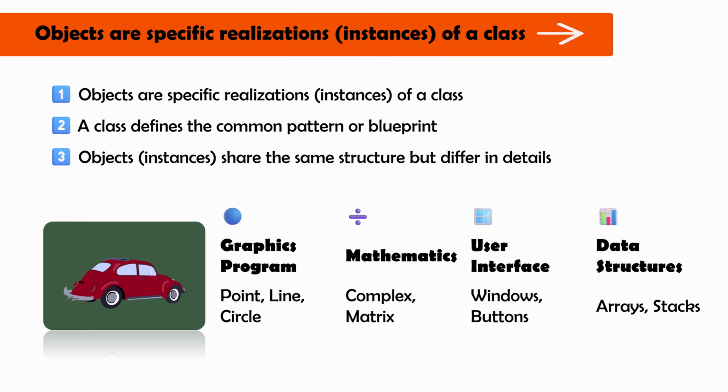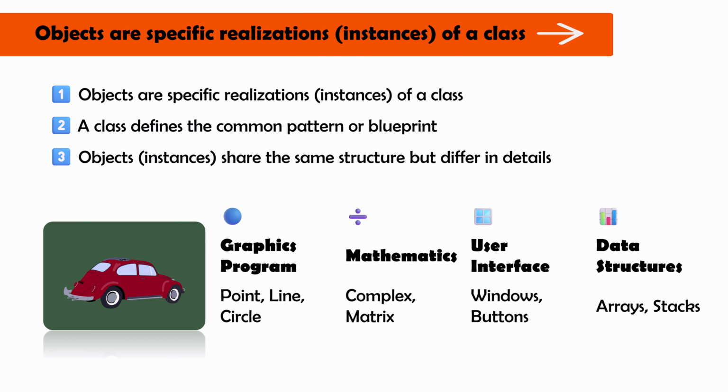So a class basically defines the common pattern or blueprint. In object-oriented programming, this shared pattern is represented by a class. A class is like a blueprint or a template that defines what attributes and behavior its objects will have. It defines the general structure, but it's not a real tangible thing unless we create an object from this class. Objects that are instances of a class share the same structure but differ in details.